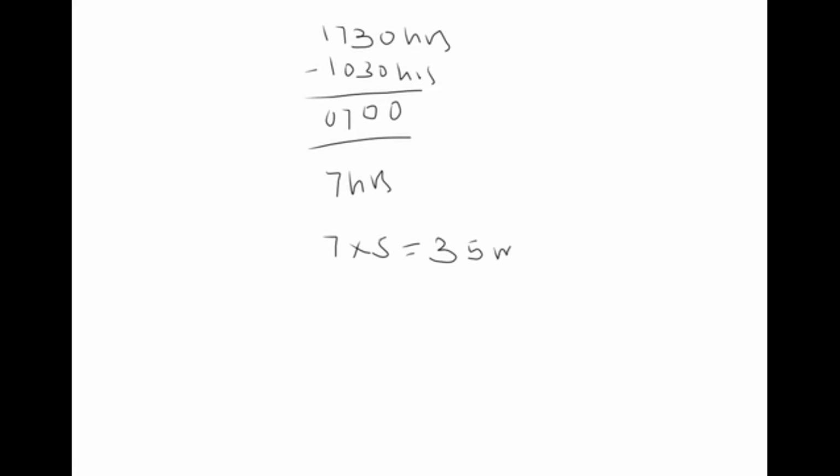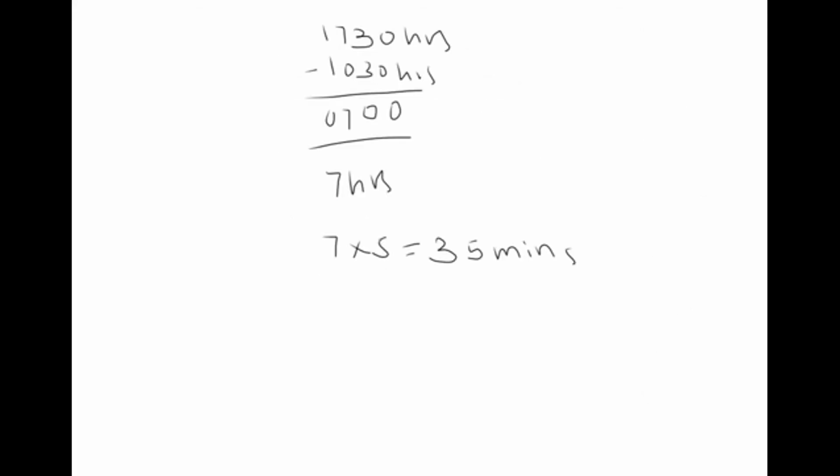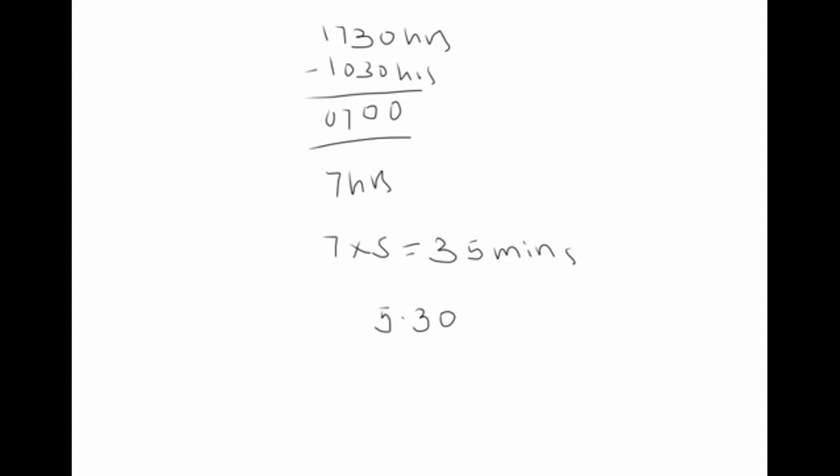Therefore, our watch here will have gained 35 minutes. Then we are asked at what time did it read at 5:30 p.m. Therefore, we shall have 5:30 p.m. here. Then add this 35 minutes because we are told that it gains.